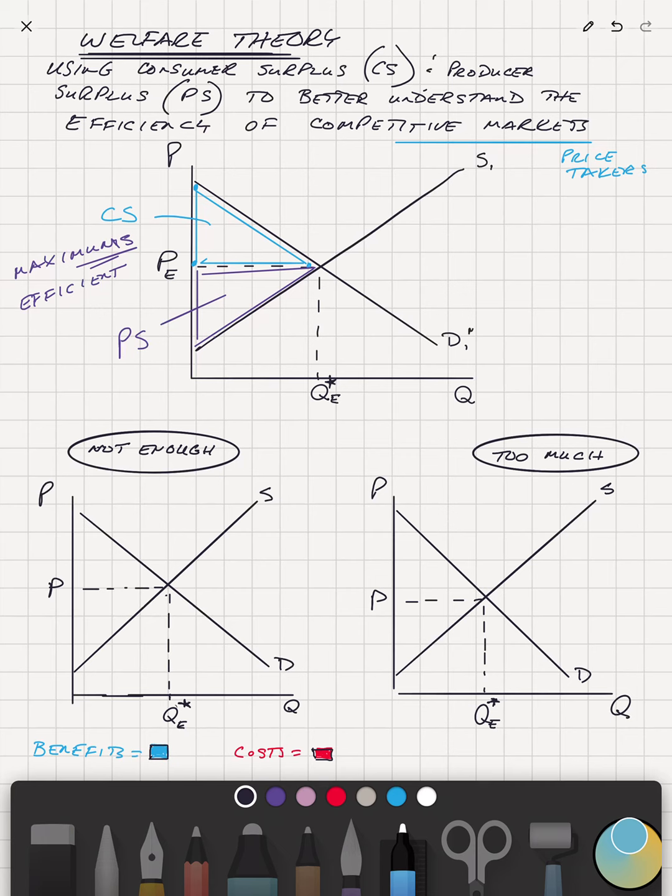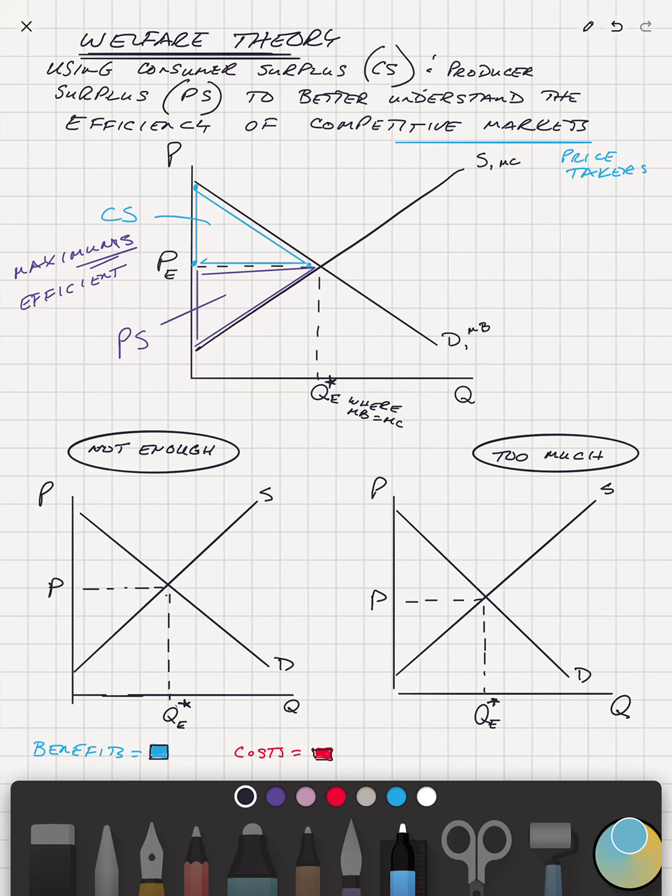And we can think back to our discussion of marginal benefit and marginal cost, have that in the background, and you can see here Q star, or the optimal quantity, is where marginal benefit is equal to marginal cost.